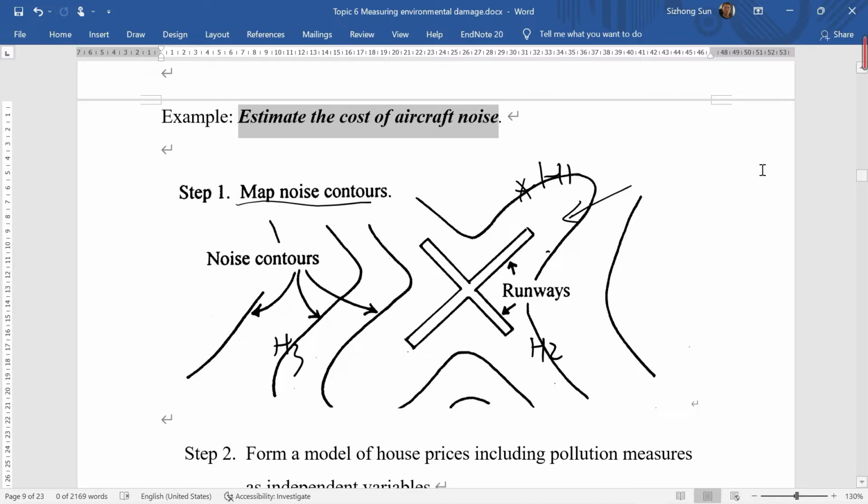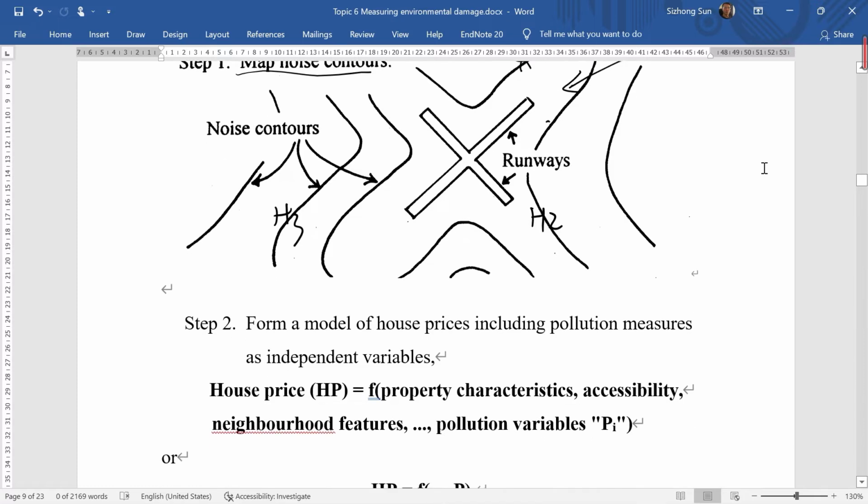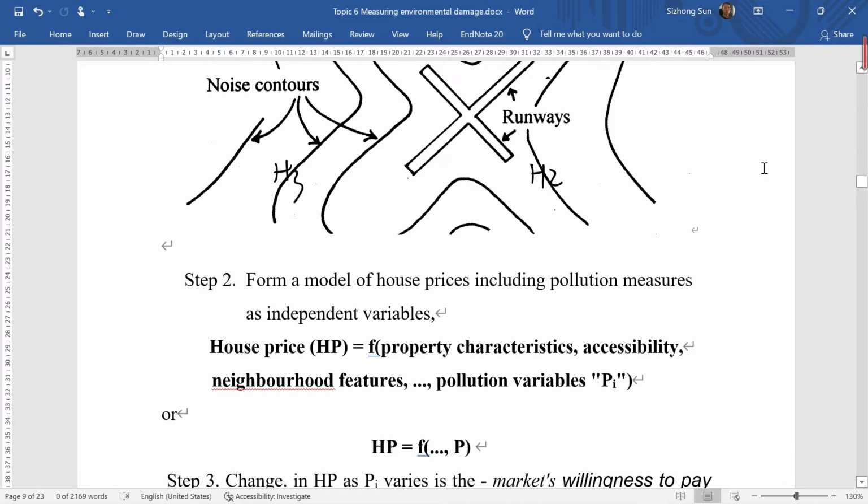Then we form a model of house prices. We try to explain house prices as a function of their characteristics, accessibilities, neighborhood features, and the pollution variables. In our example here, that would be noise levels.